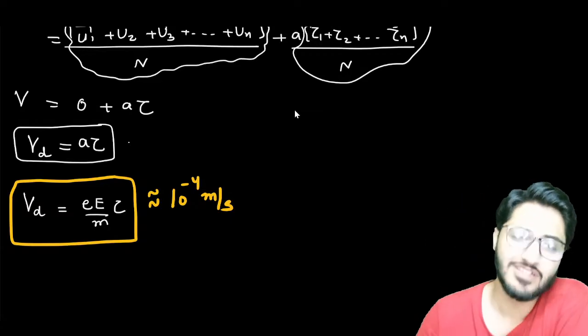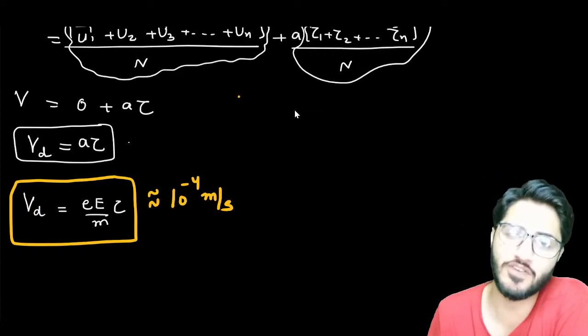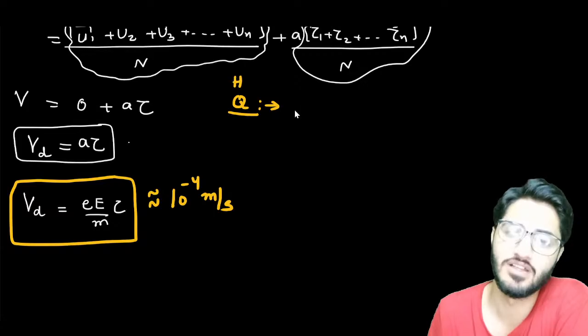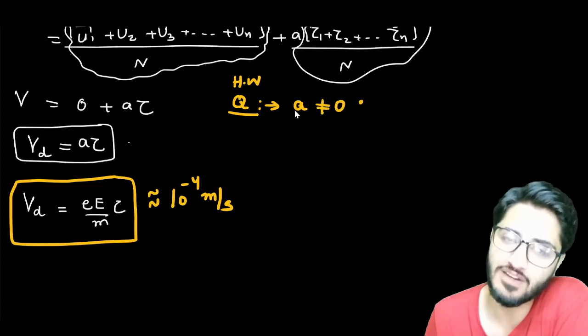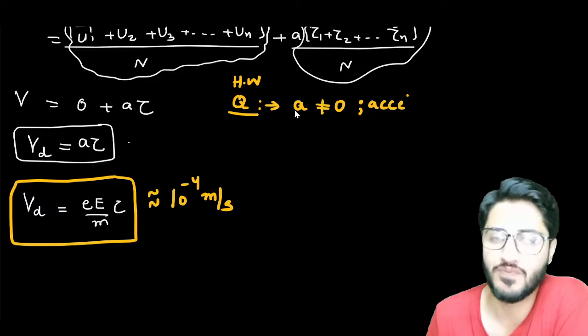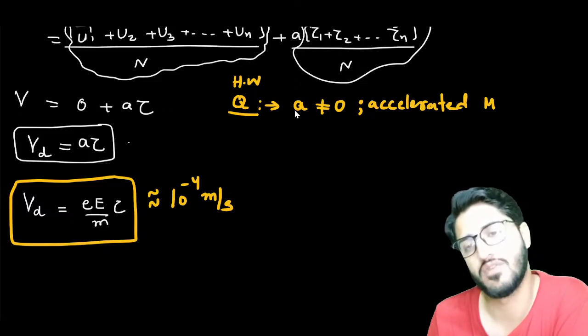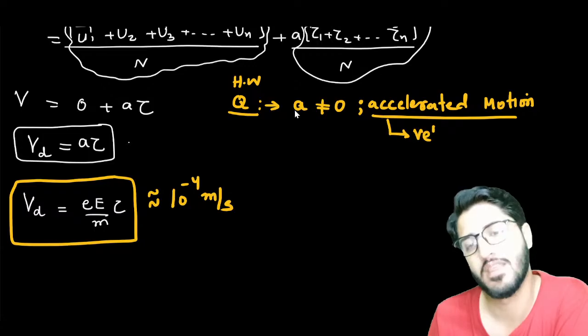Okay, so look here. I will ask you one question, one question from my end. I will give you the first homework. If acceleration is not equal to 0, I will write it as an accelerated motion. In accelerated motion, my velocity is variable.